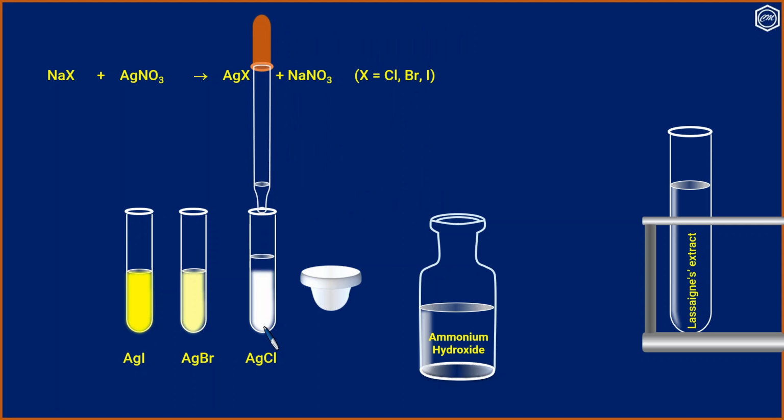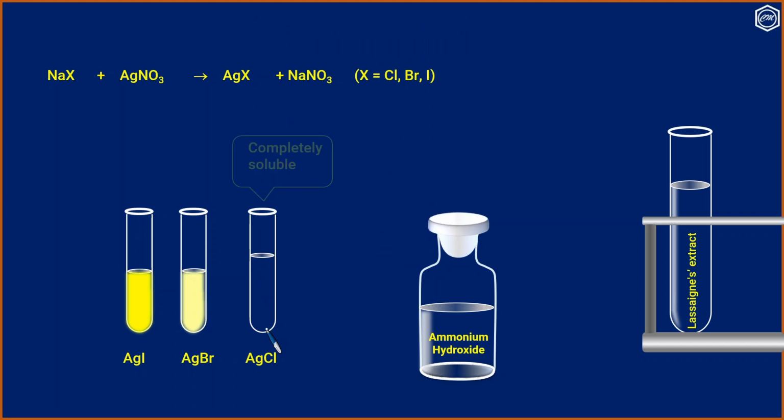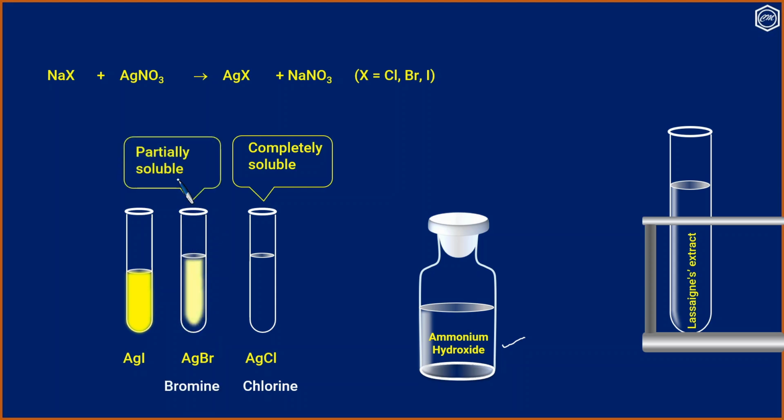So the precipitate dissolves completely. If silver chloride is formed, it completely dissolves in ammonium hydroxide. That shows the presence of chlorine. If we add ammonium hydroxide to the second precipitate, it dissolves only partially.